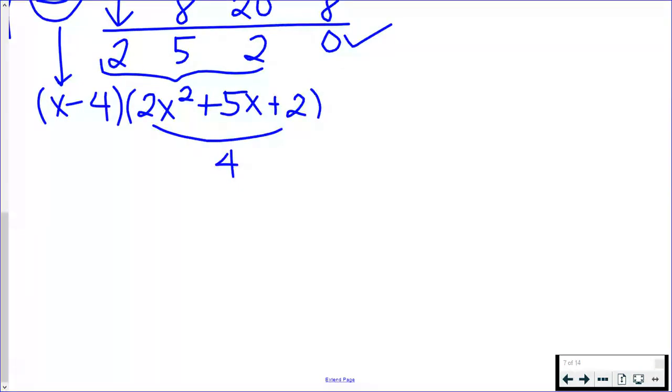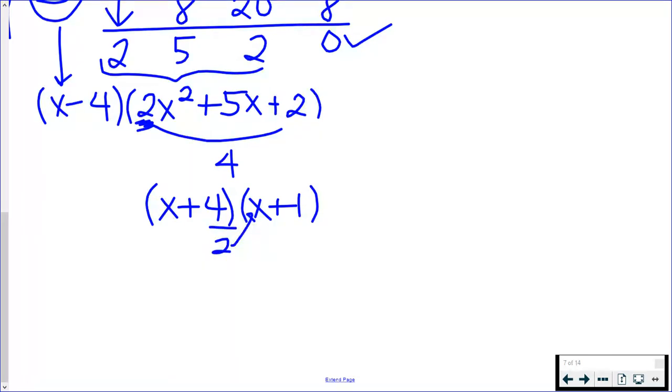So I'm multiplying my outside numbers. That means I'm looking for 2 numbers that multiply to 4 and add to 5. Those 2 numbers would be 4 and 1. Now I've got this 2 in the front that I need to divide back out. 4 is divisible by 2.